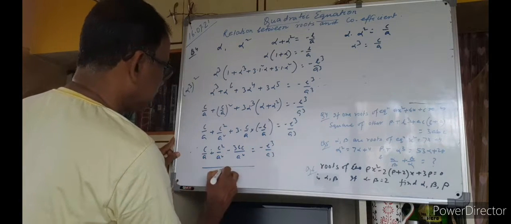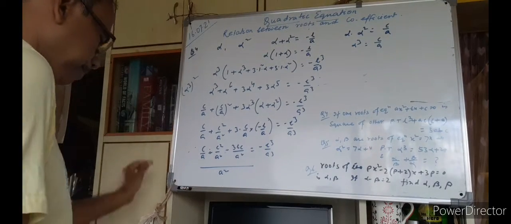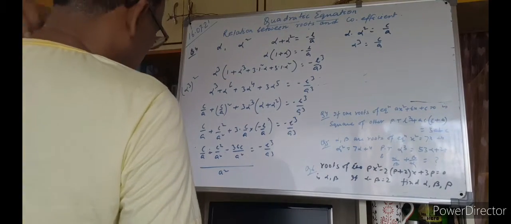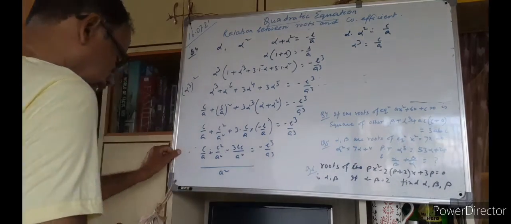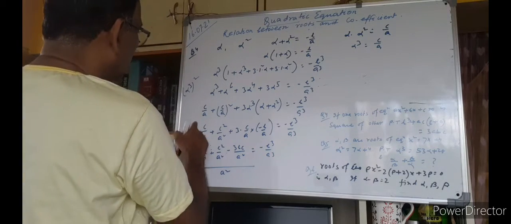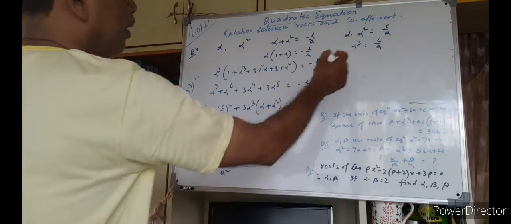Here a cube is the LCM. Then here c by a, alpha cube value is c by a.